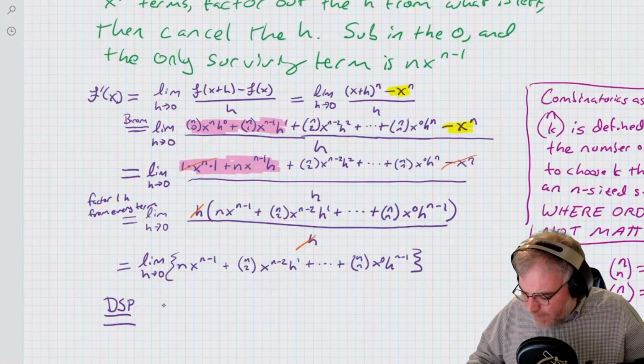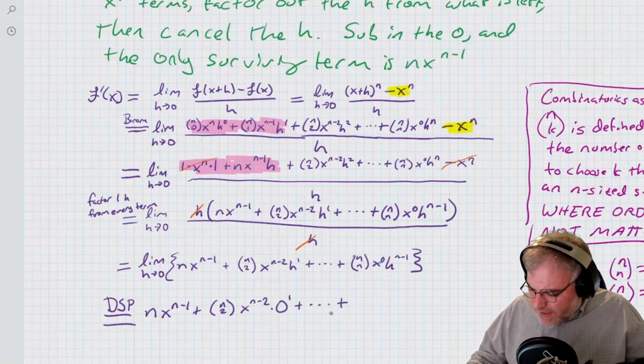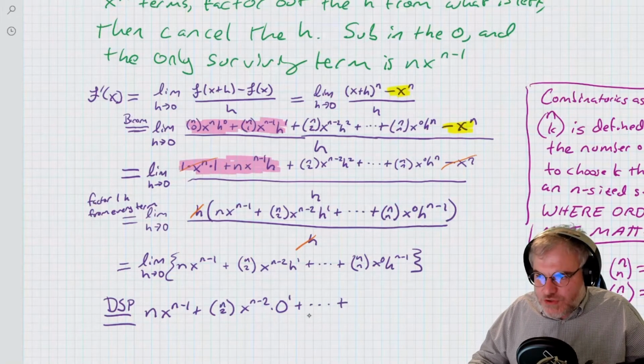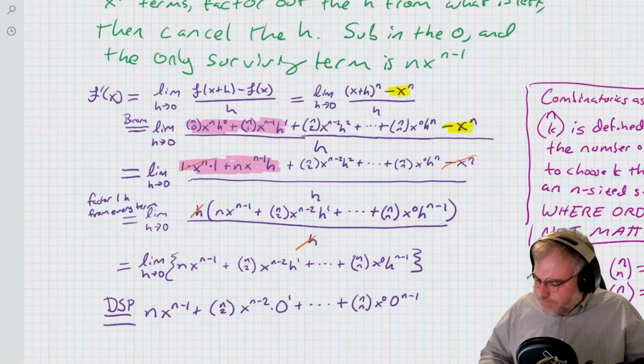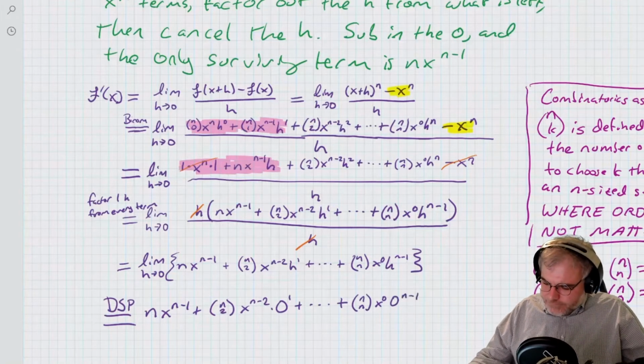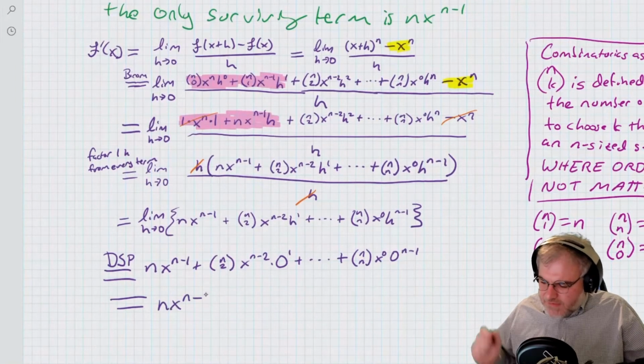So I'm going to directly sub in, and I'm going to wind up with nx to the n minus 1 plus n choose 2 x to the n minus 2 times 0 to the first plus dot dot dot, everything, right? This term here has a 0 squared. This term here has a 0 cubed. This last term here has a 0 to the n minus 1. And 0 times anything is 0.